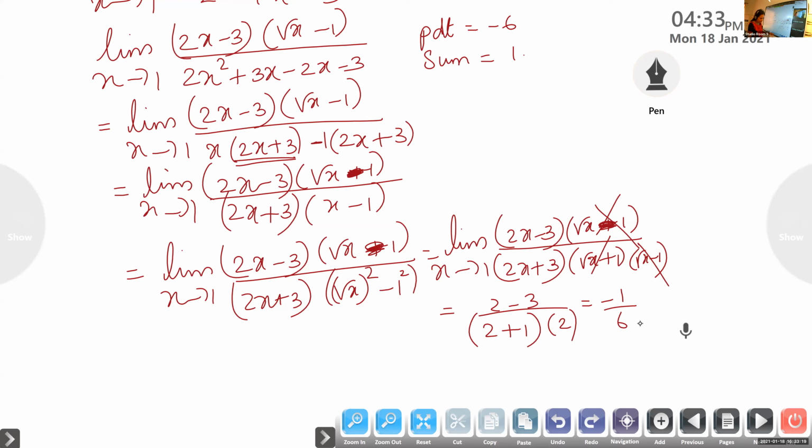See children, did you get this? Here it is minus. By mistake I wrote here plus, so I'm changing it here. So root x minus 1 and root x minus 1, these two terms only will get cancelled. Root x plus 1 is not getting cancelled here. Now put x is 1, you'll get the answer.